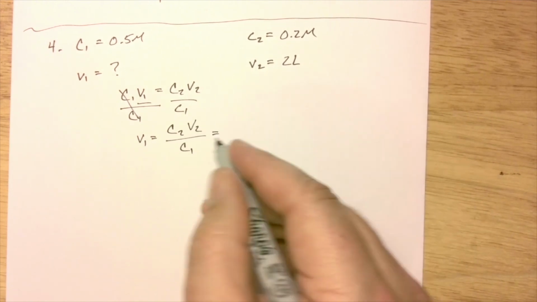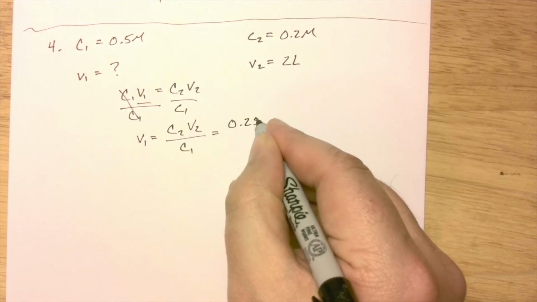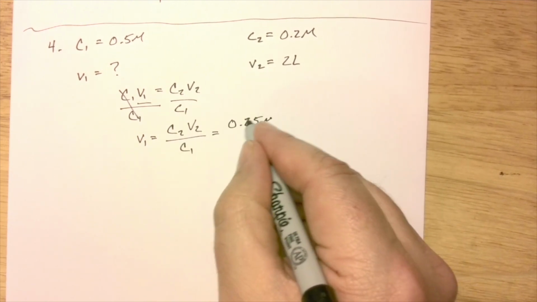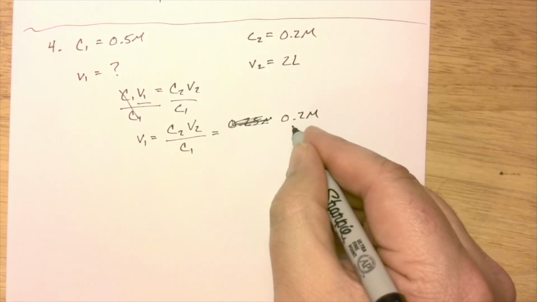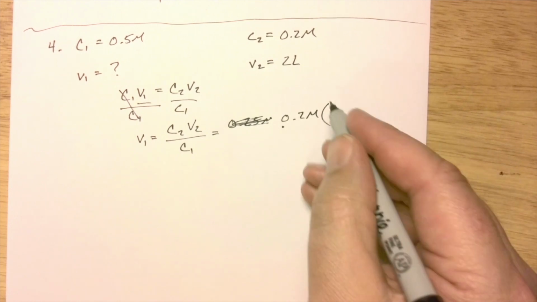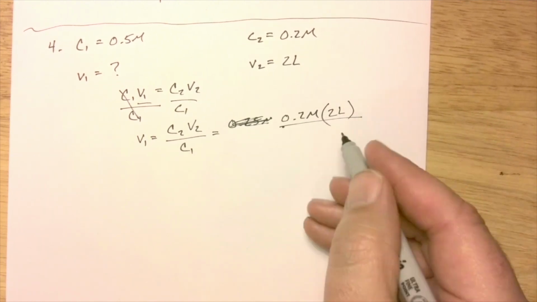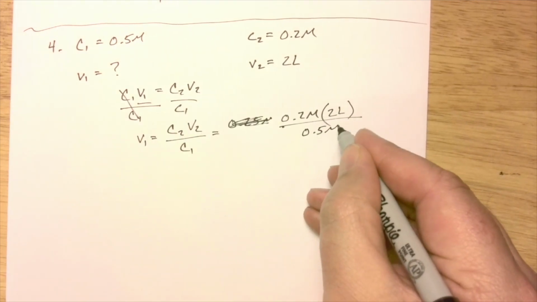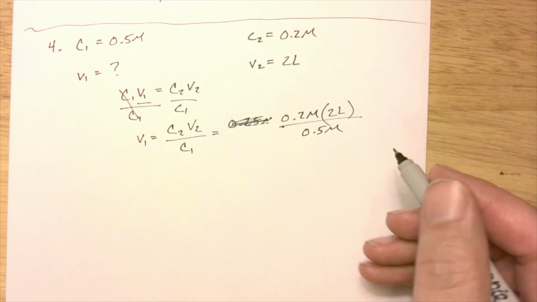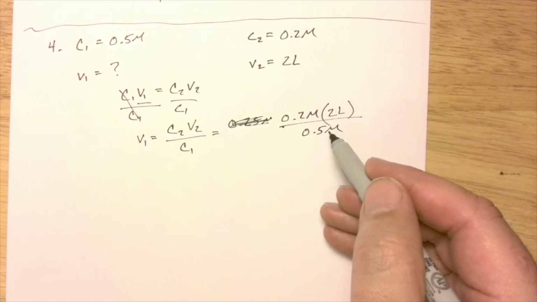So if you plug in the numbers, C2 is 0.2 molar times V2, which is 2 liters, all over C1, which is 0.5 molar. So 0.2 times 2 divided by 0.5.